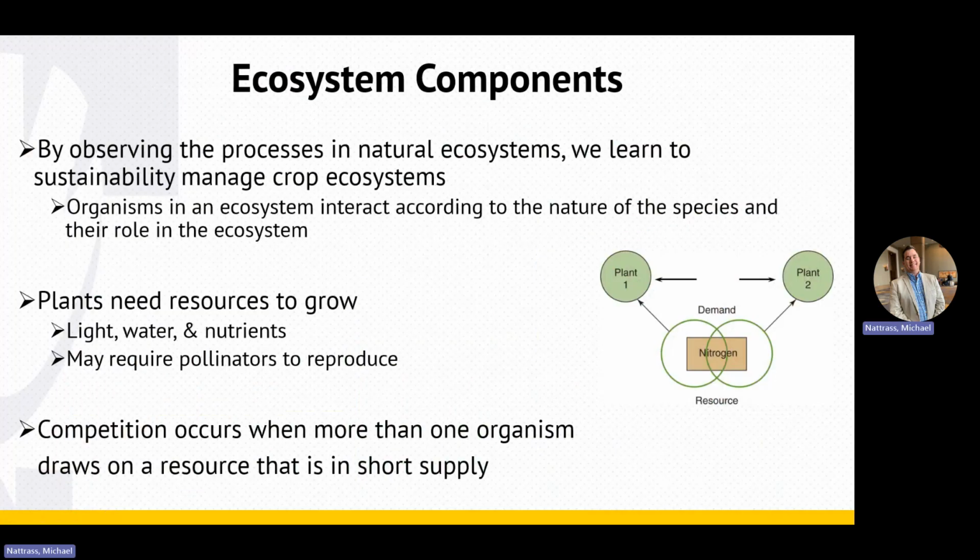All right. Again, more ecosystem components, because we can see this in natural ecosystems. We're actually trying to bring that over to our crop ecosystems. And I saw this thing on Twitter where it was saying that when we're growing, for agronomists, we're actually harvesting sunlight.